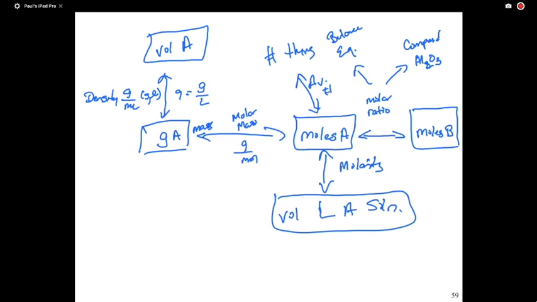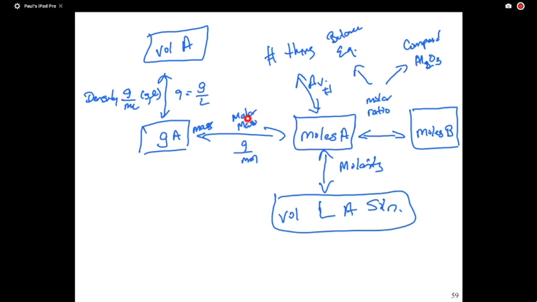Now what the chart does for you is say, okay, moles of A, you have all of these conversions, and if you get to moles of B, then you can go to their volume of solution, and you can go to their weights, and then you can go up to their volumes, and the map just gets bigger. But the key thing: density is a conversion factor that gets from one key area to the next.